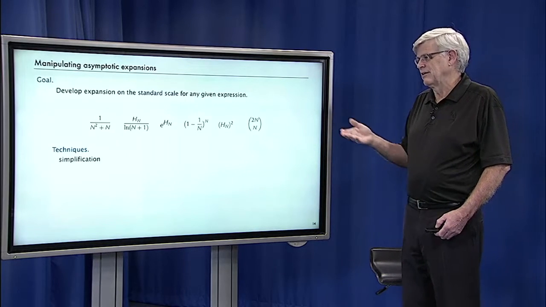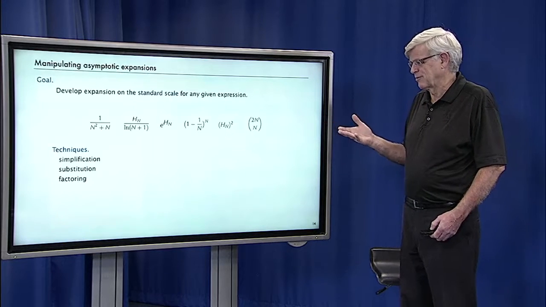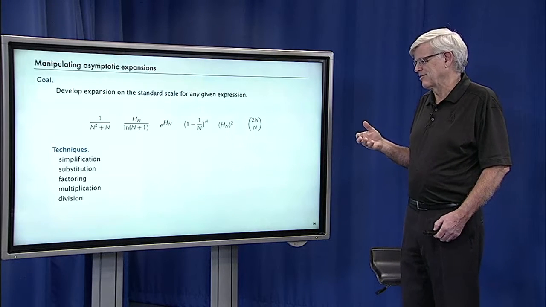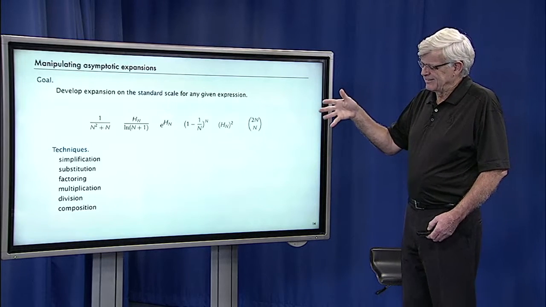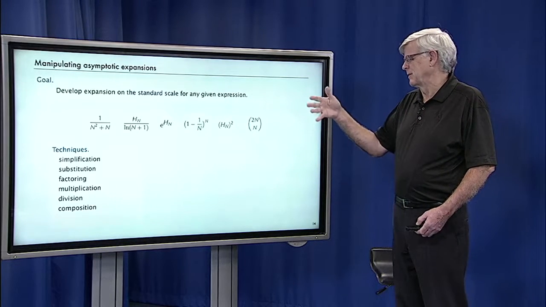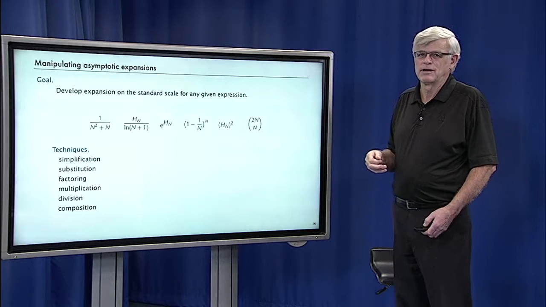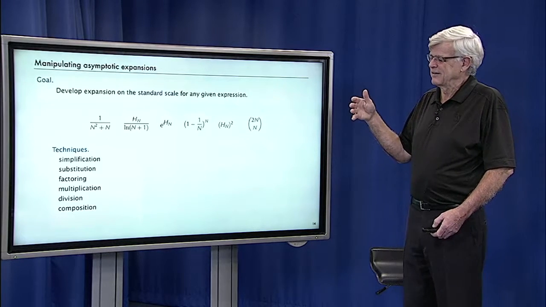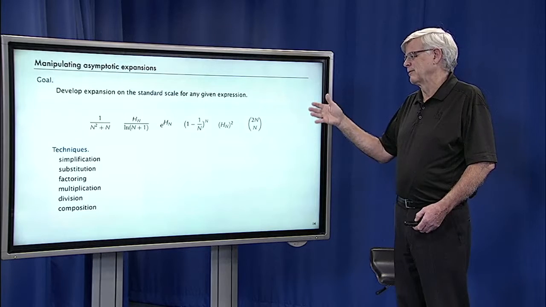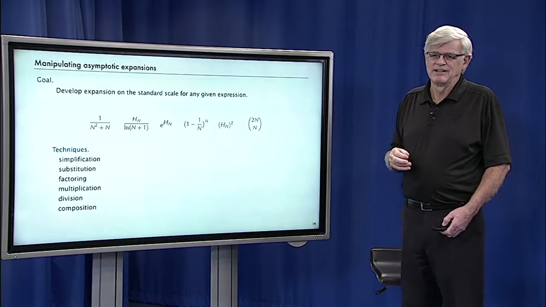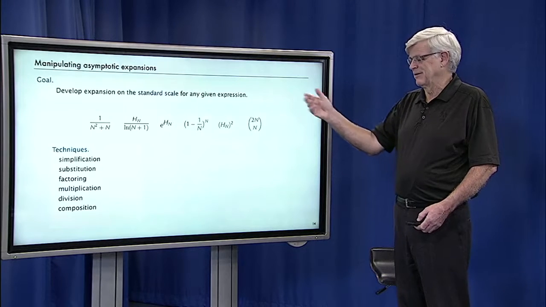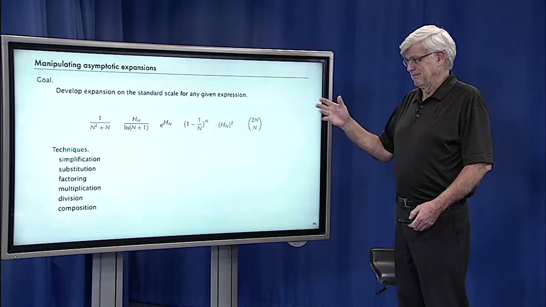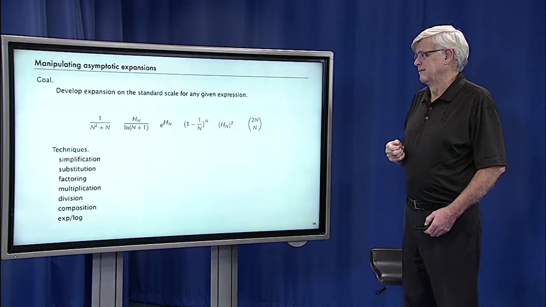We'll look at each one of these: simplification, substitution, factoring, multiplication, division, and composition. They seem really simple, but when faced with one of these functions, you really want to think that there is an easy way to do this, one of these basic ways. You just have to figure out which one it is.